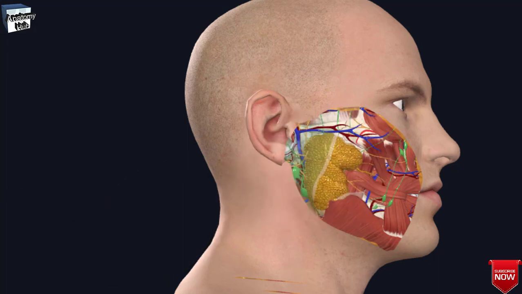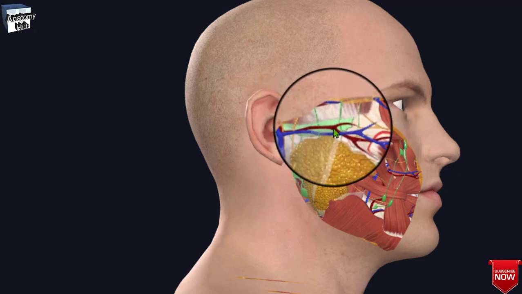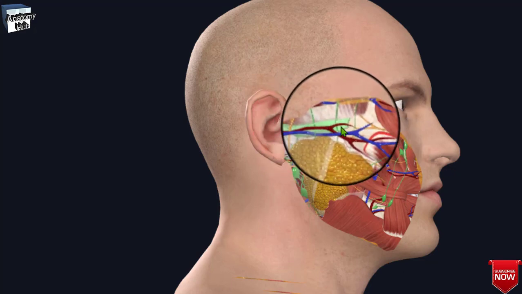Superiorly you will find the zygomatic arch.